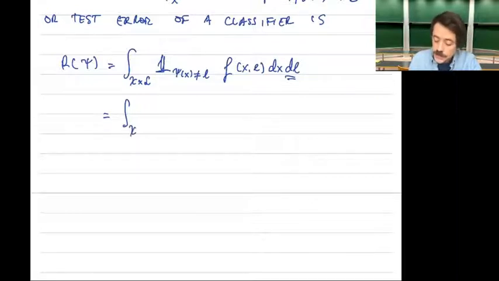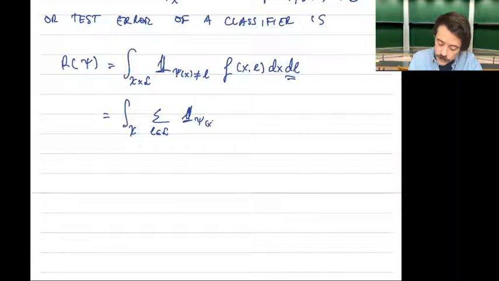So let me now write this, therefore, because this is not really Lebesgue, but rather counting measure, we can use Tonelli's theorem and write this simply as an iterated couple of integrals.